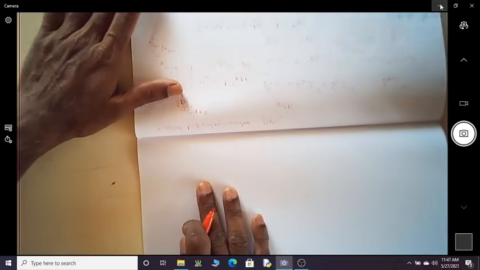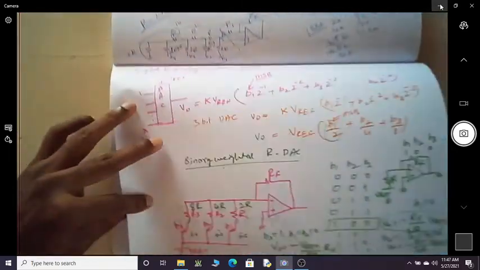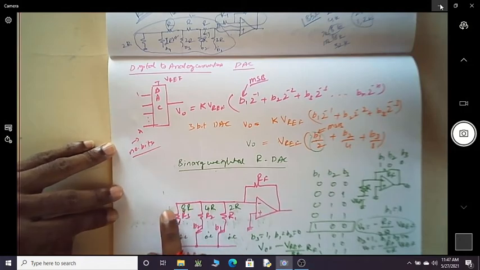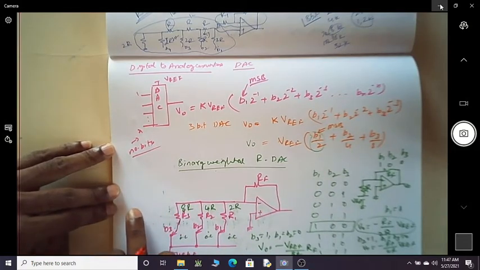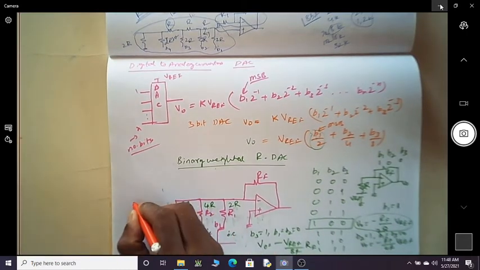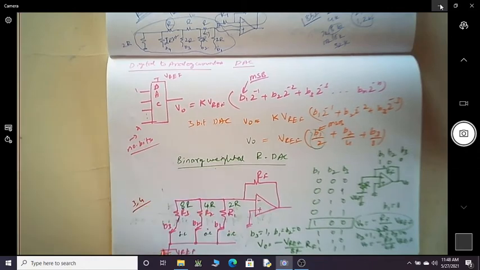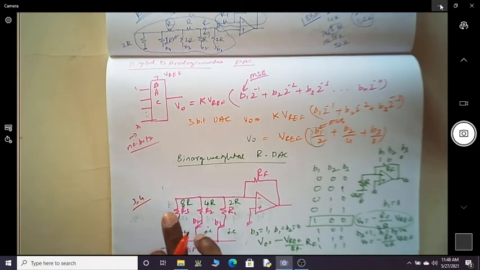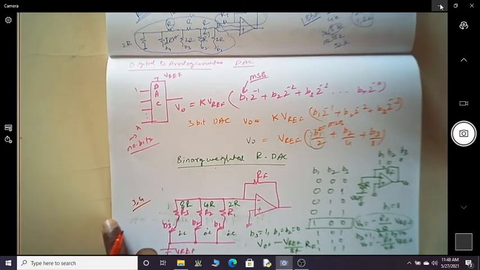The main disadvantage with this circuit is that as the number of bits increases, say we have 2R, 4R, 8R, then it will become 16R, then 32R, then 64R, 128R. So this is fine if the number of bits is only 3 or 4. If the number of bits becomes more than 3 or 4, then you end up with larger resistance values.